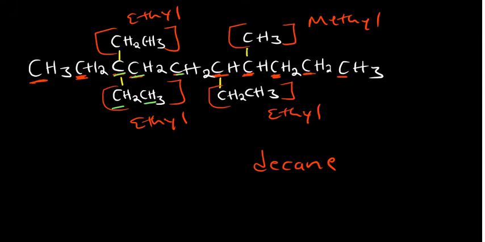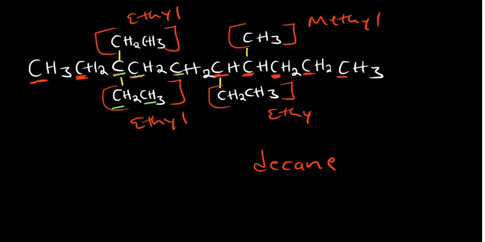So this is a case where you have a single subchain coming more than once, which is the ethyl. So in such a case, you need to count them. If there are 2, you have to prefix them with di. You would say diethyl. In this case, there are 3, so you instead say tri.